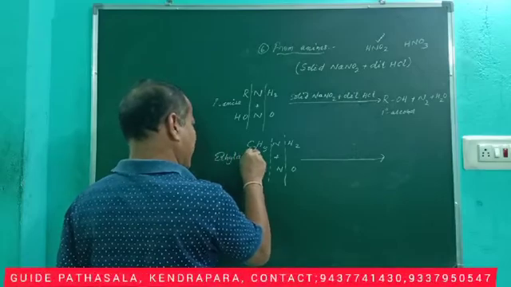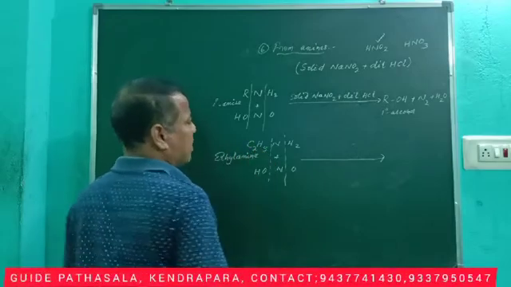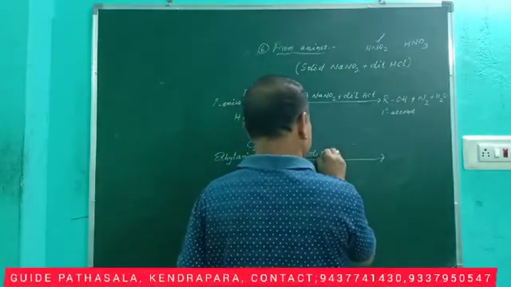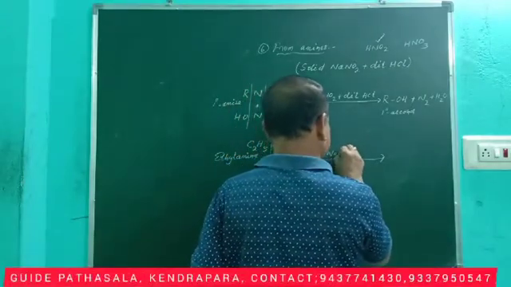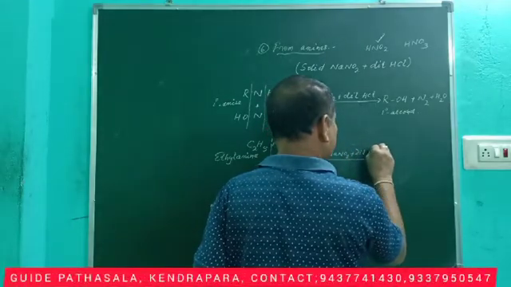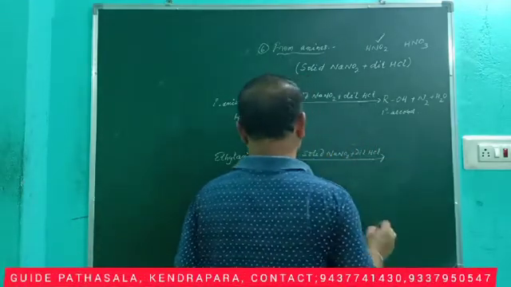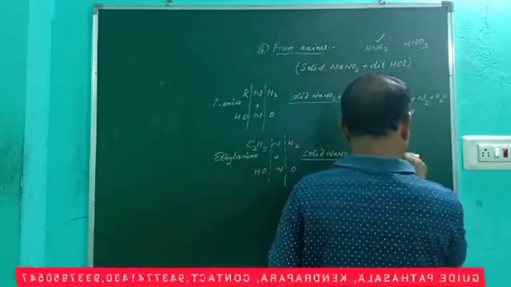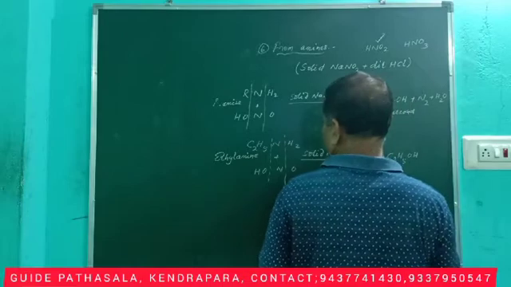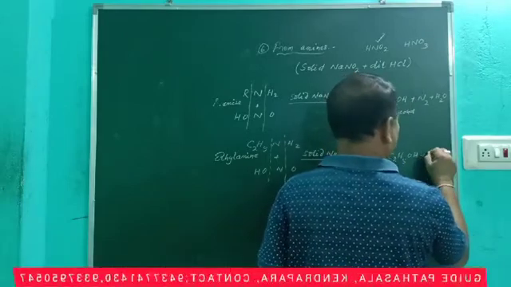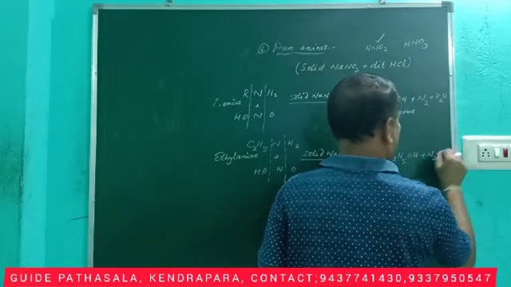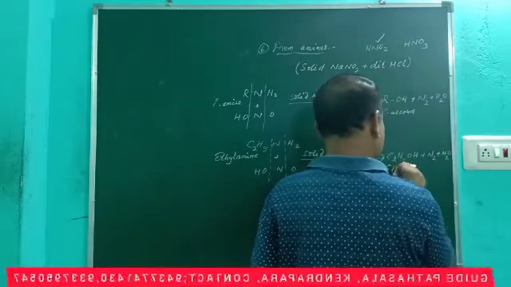When ethyl amine reacts with nitrous acid, which can be prepared by the action of solid sodium nitrite with dilute HCl, it forms C2H5OH, ethyl alcohol, plus N2 plus water.